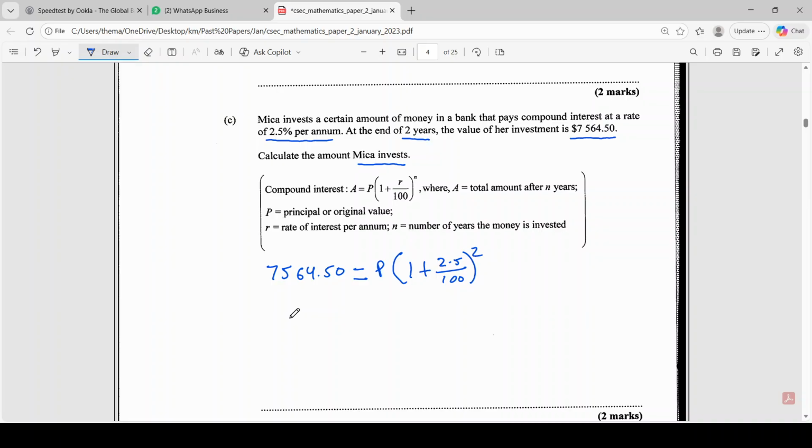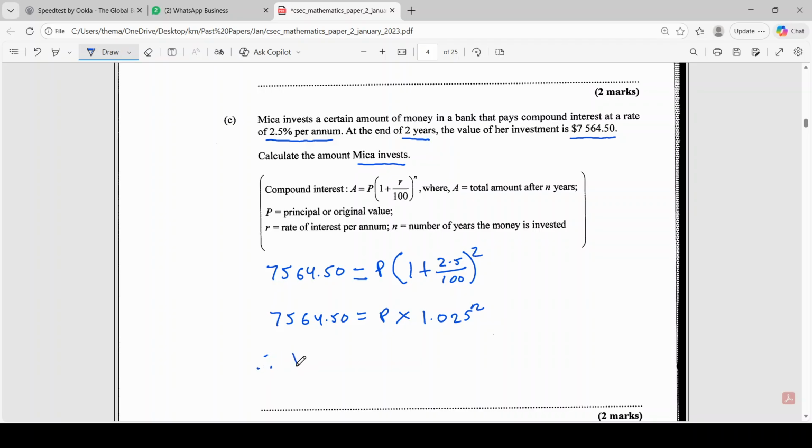Right, so let me simplify this. 7564.50 is equal to P. Bracket is the same as multiply. 1 plus 2.5 over 100, that is 1.025. And I'll leave the squared here just to simplify it. Right, so to find P, this is multiply, we bring this across and divide.